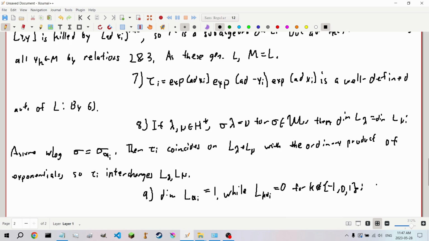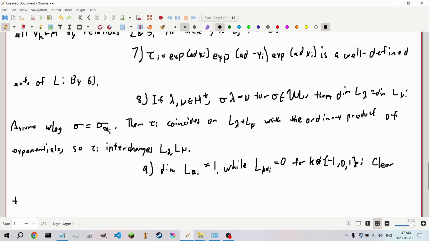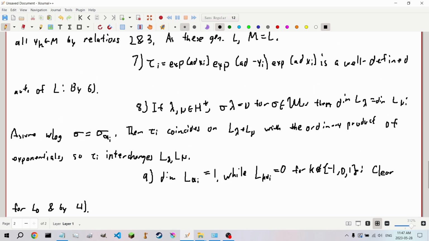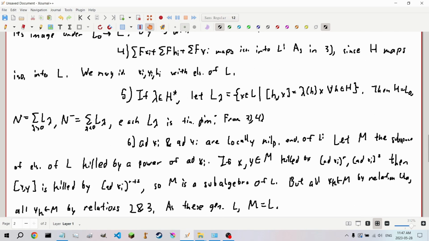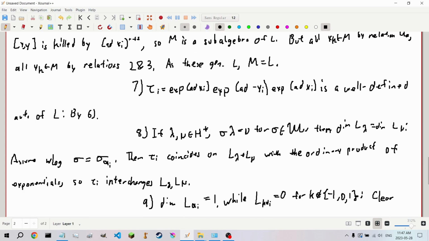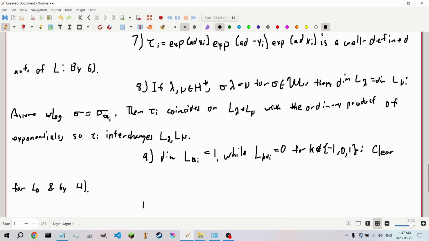So this is clear for L naught and by step 4, which was this. Step 10. This one that mixed me up before.